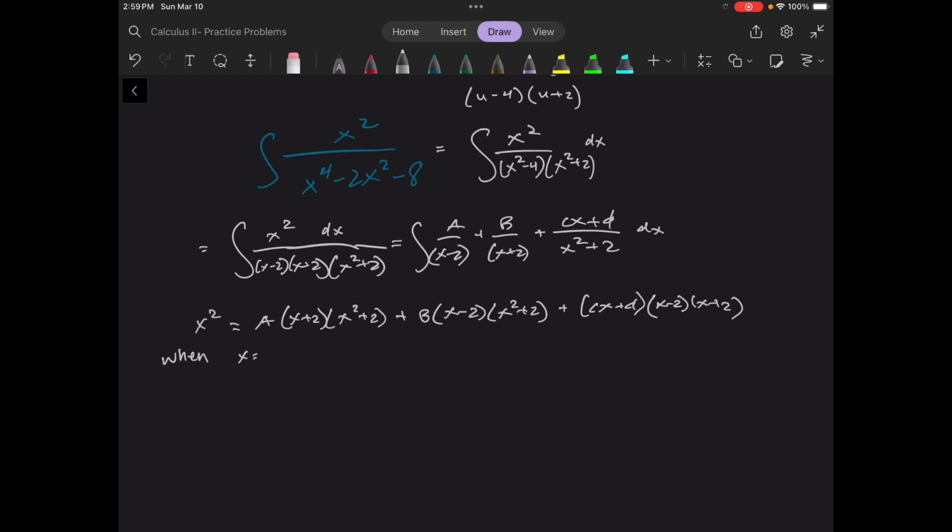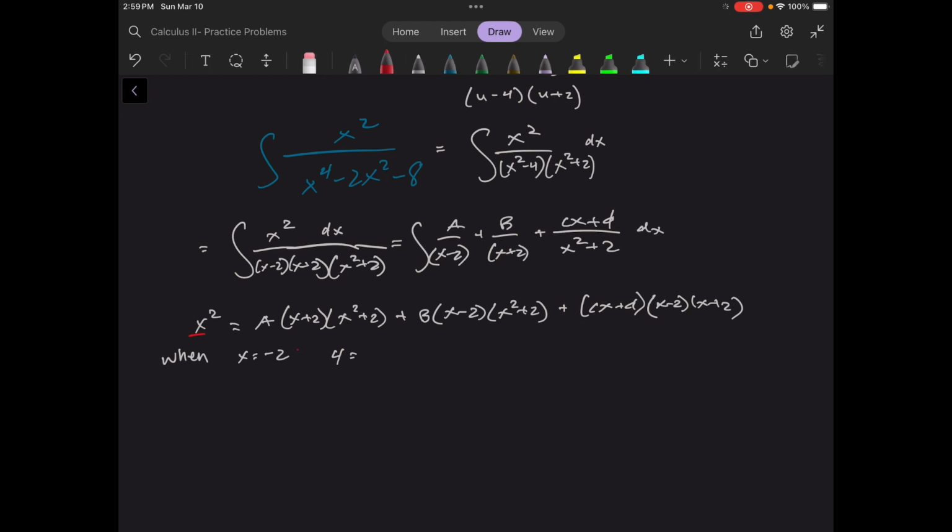When x equals negative 2, for example, on the left side we have 4, and this is new too. The other sides were just constants, but in this one we also have to plug the x into there. So when x equals negative 2, we have 4 equals, this term's going to drop out because of that negative 2, and this term's going to drop out because of this factor, right?